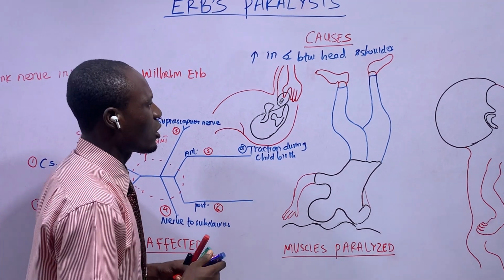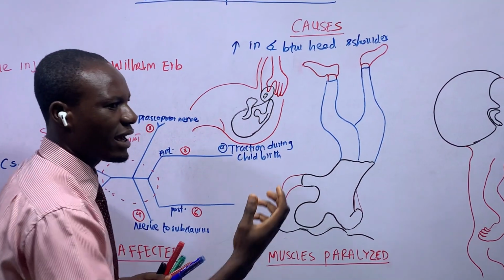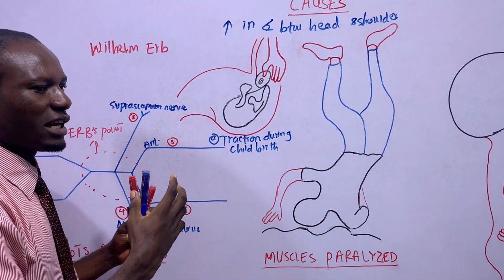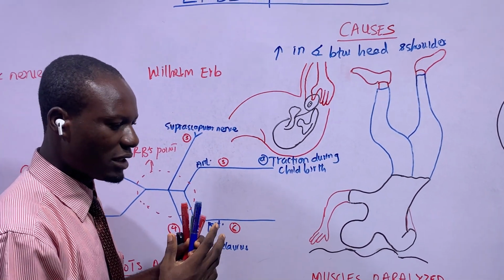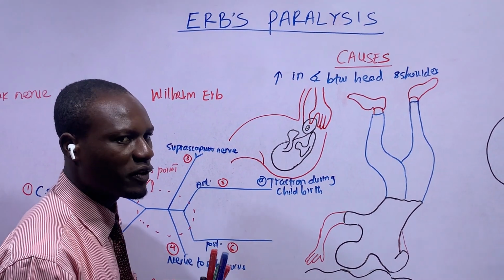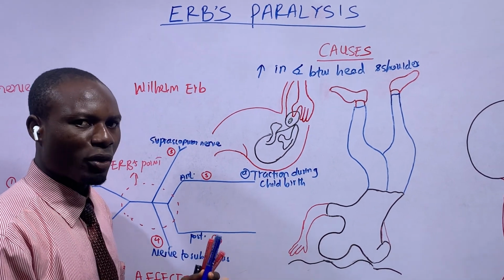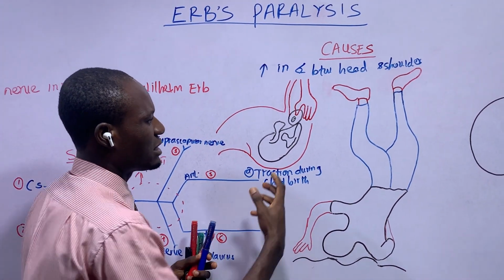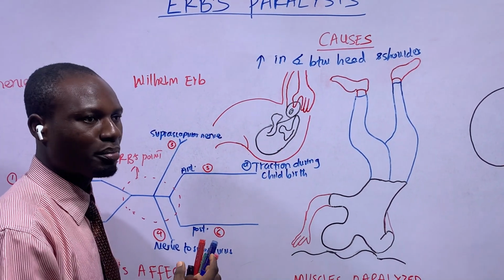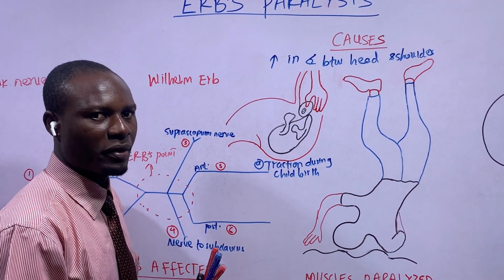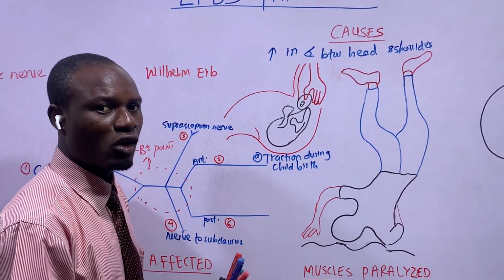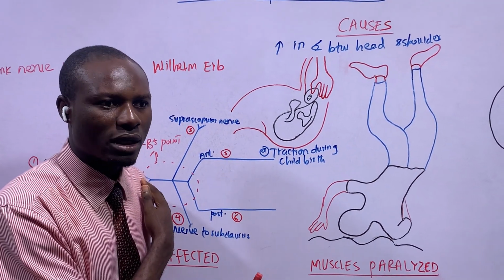This is because of pulling out the head, maybe when there is shoulder dystocia. In shoulder dystocia, it is very difficult for the shoulders and the other parts of the body of the baby to be delivered. So an unskilled birth attendant pulls the head of the baby, and that increases the angle between the head and the shoulder, okay?